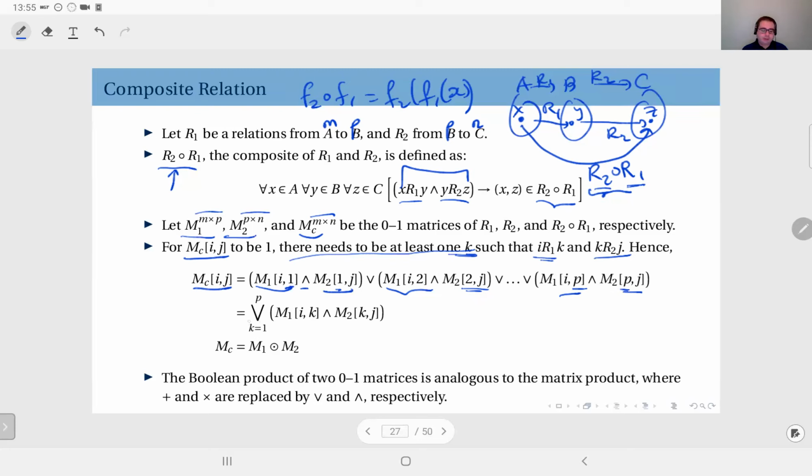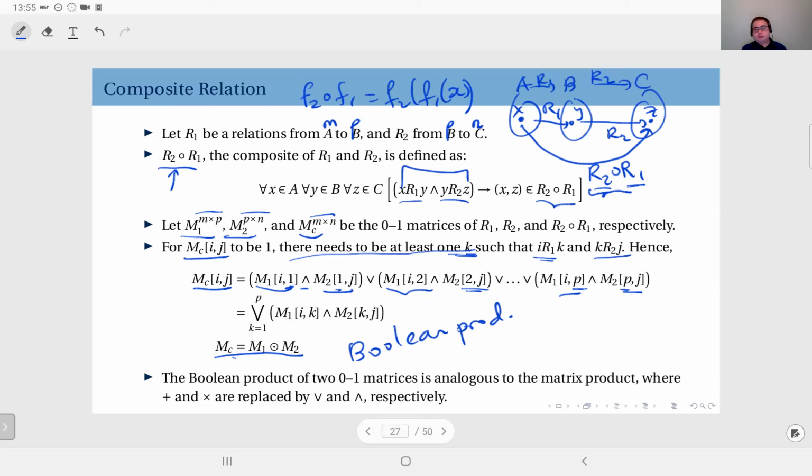So in short, I can write this as a big OR of M1 ik and M2 kj. Now this expression we call the Boolean product of two 0-1 matrices, two Boolean matrices.